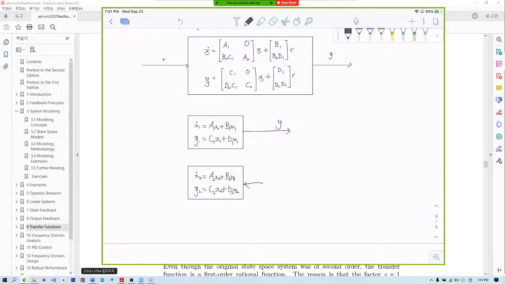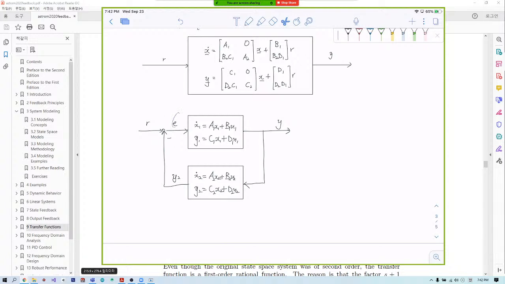We're gonna feed this entire thing back all the way to here. Okay, so here we have r, and we should subtract the result of this transformation, which is y2, from r, which gives us the error.